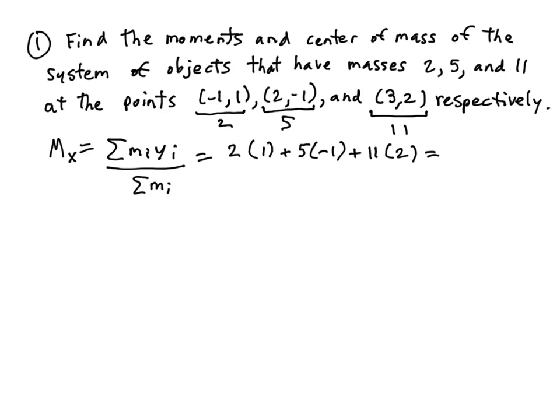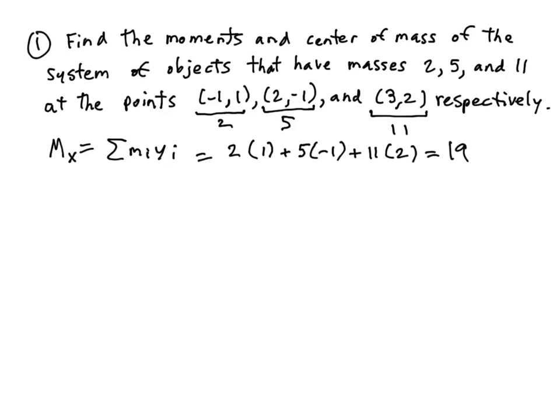Oh, sorry guys, I made a mistake here. What we're looking for here is just the moment, not the center of mass, so I didn't mean to put divided by, okay? So we have 2 times 1 plus 5 times -1 plus 11 times 2. We end up with 2 minus 5 is -3. -3 plus 22 is 19. Okay, 19.